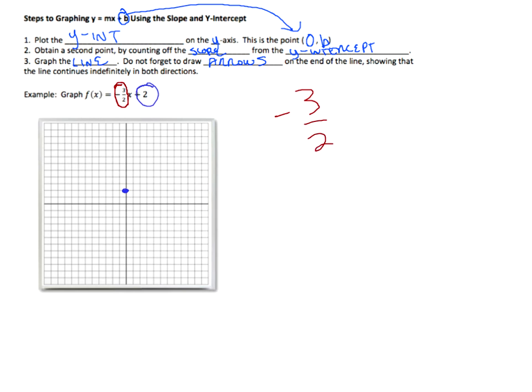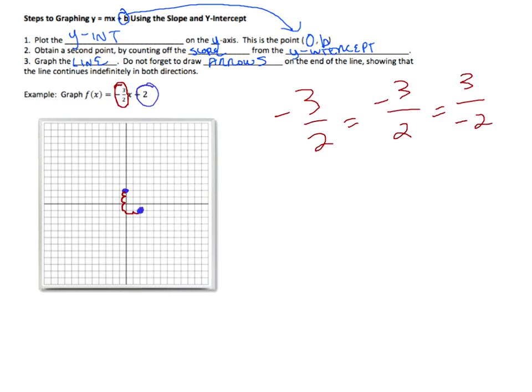Now, negative 3 halves is the same thing as negative 3 over positive 2 or positive 3 over negative 2. It's not negative with both. If you put it with both of them, that's a positive. So choose one or the other. I usually default to the numerator just so I don't make a mistake. So from the y-intercept, I count down 3, 1, 2, 3, right 2, 1, 2, and put a point.